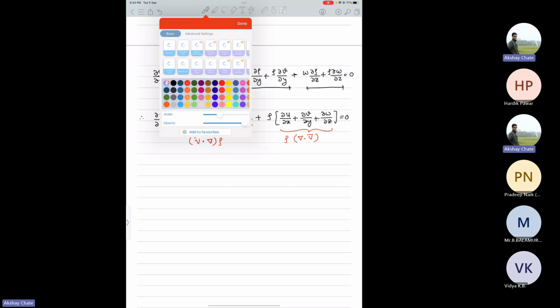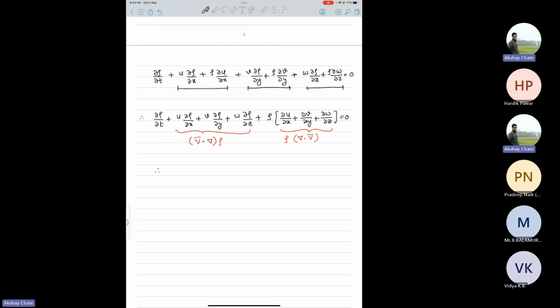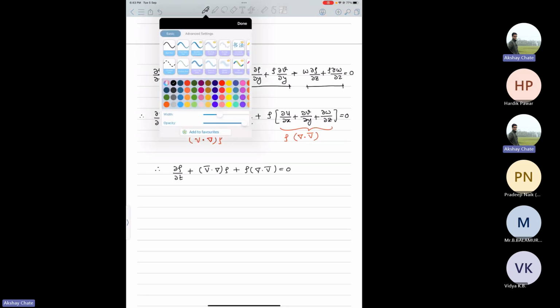So therefore, you have the final form of the equation, which is del rho by del t plus this term into rho, plus rho into divergence of velocity, equal to 0. Don't worry, this is just a simple derivation that comes out at the end.